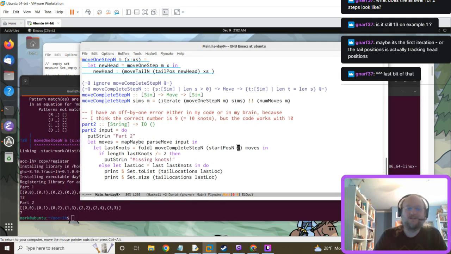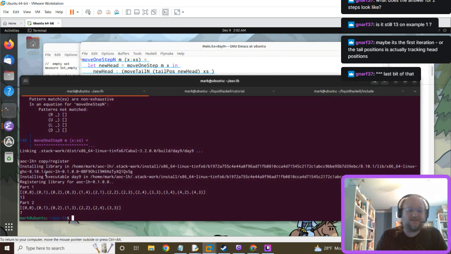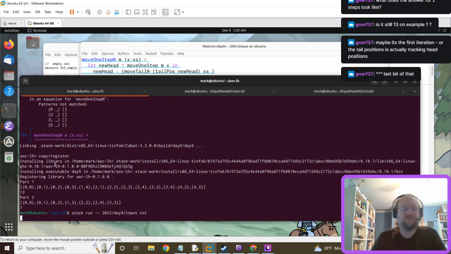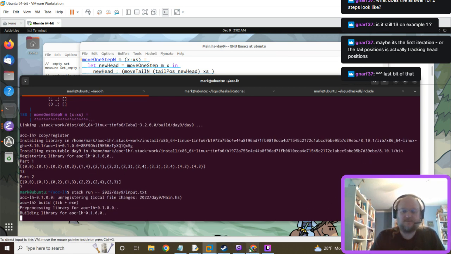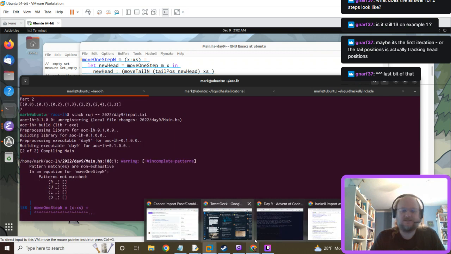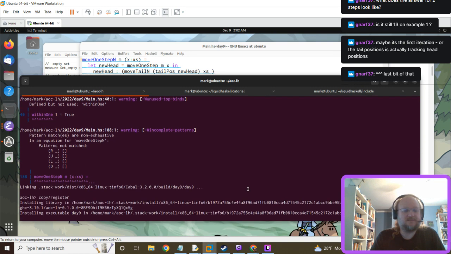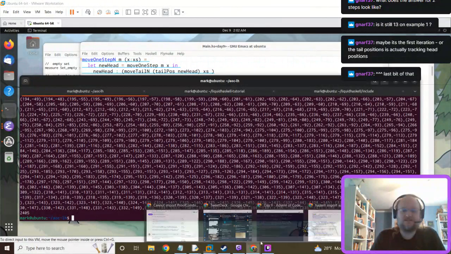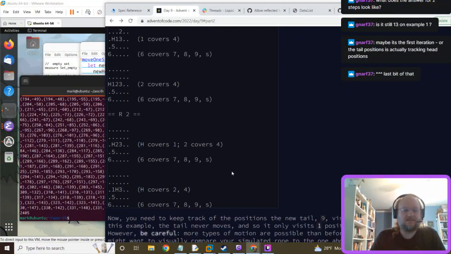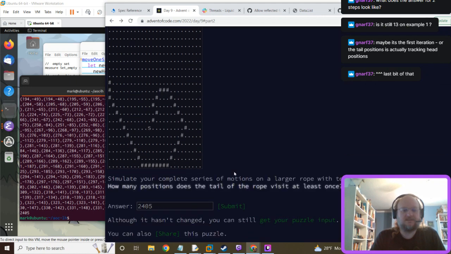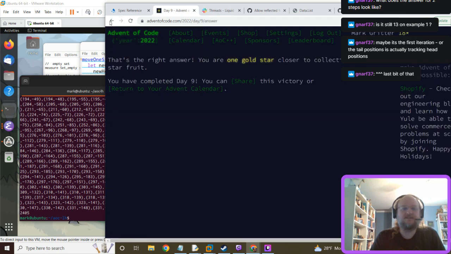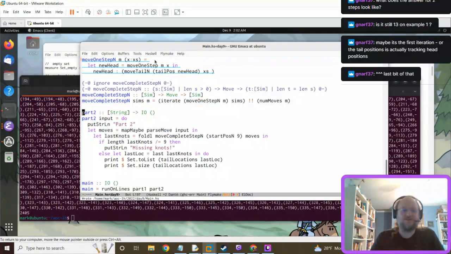And so if we move this up to 9 copies of the simulation, which is 10 knots, then we should get a whole number back. Yes, 2405.